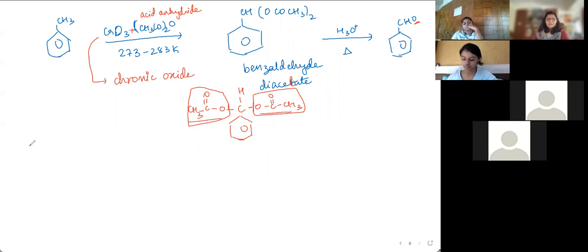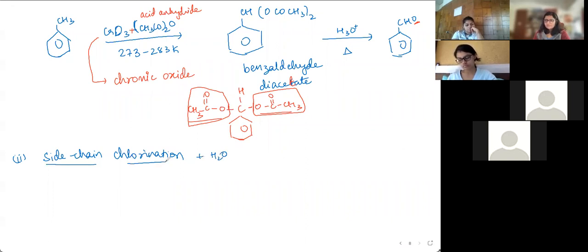Another way to prepare is oxidation of toluene. Another way for aromatic aldehydes, you have side chain chlorination and hydrolysis. Again, you have a side chain, add chlorine to it, and then do hydrolysis. So instead of oxidizing it to alcohol, we are basically doing this.